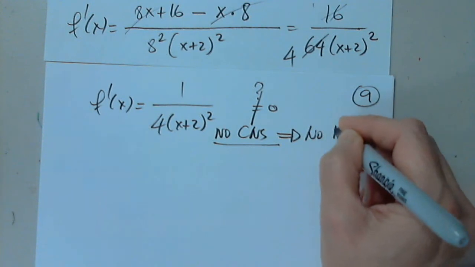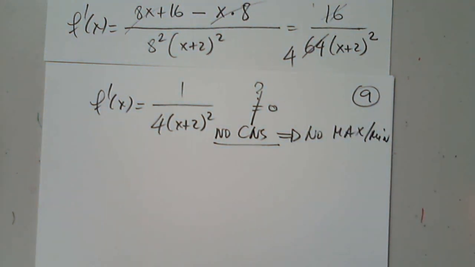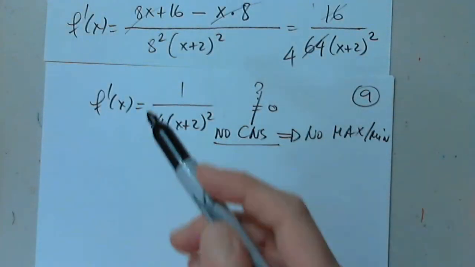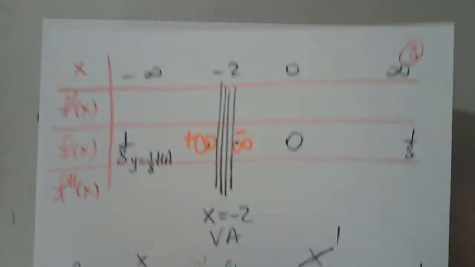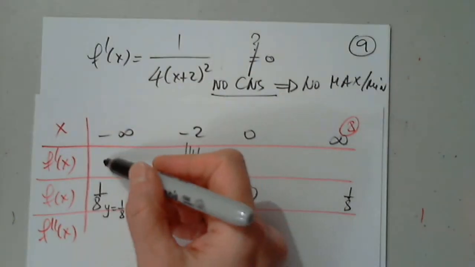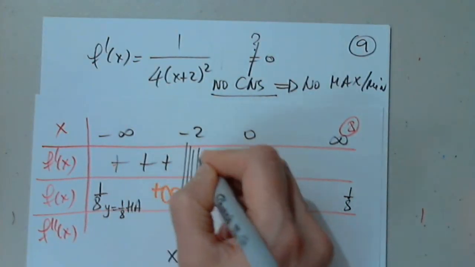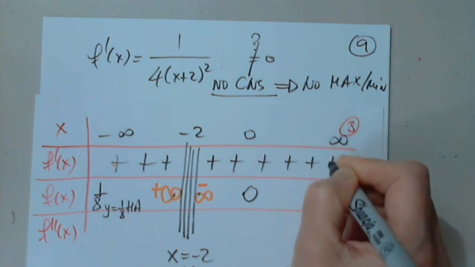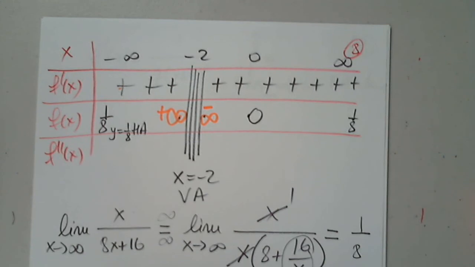I know no max or min. Guaranteed no max or min. What is the sign of this so I can put it in the table? Always positive. Very good, which means the function does what? Always increasing. Excellent.